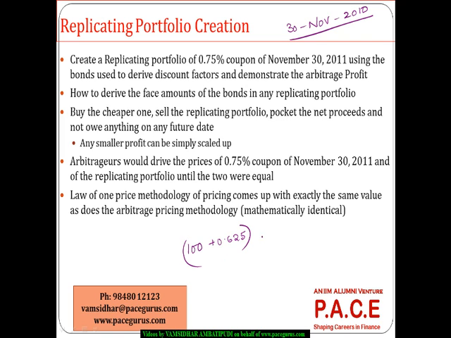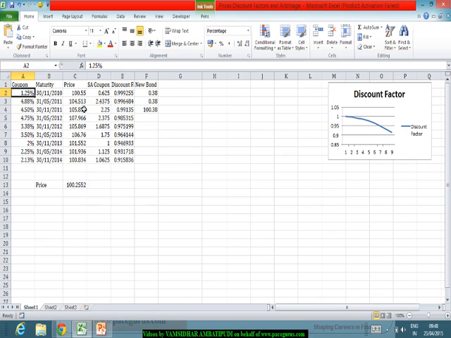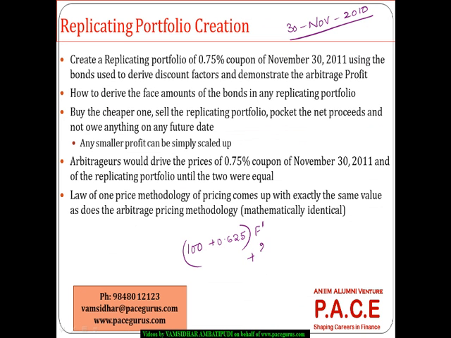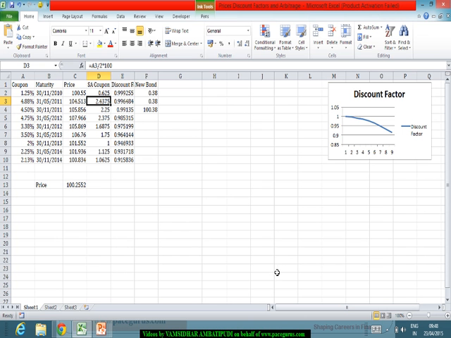On that day, the amount coming is 100 plus 0.625. Assume that I am investing some F1 in that. Similarly, what is the cash flow of the second one? It is going to pay only 2.4365 on that day, so 2.4365 times F2. And what about the third bond that I am using? It is also paying 2.25 on that day.